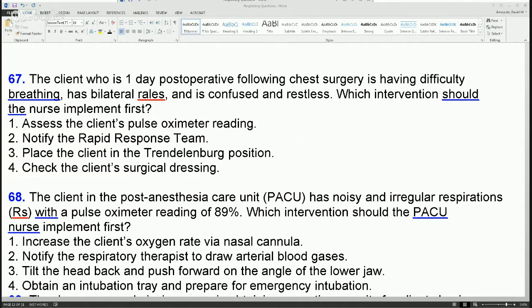Which one should you do first, though? Placing them in Trendelenburg, you're not going to do it all. So what would you do first in relationship to patient safety? Safety. I love me some safety.